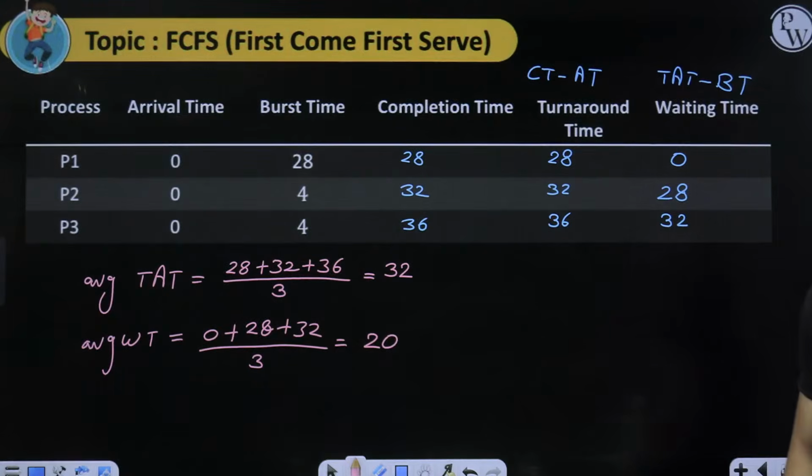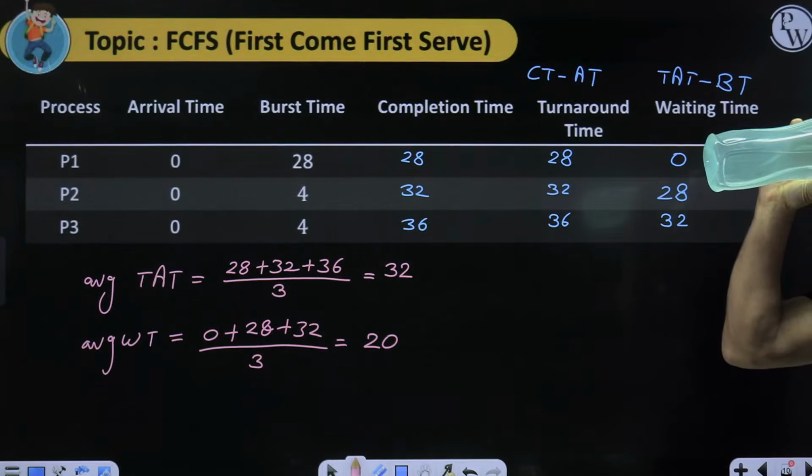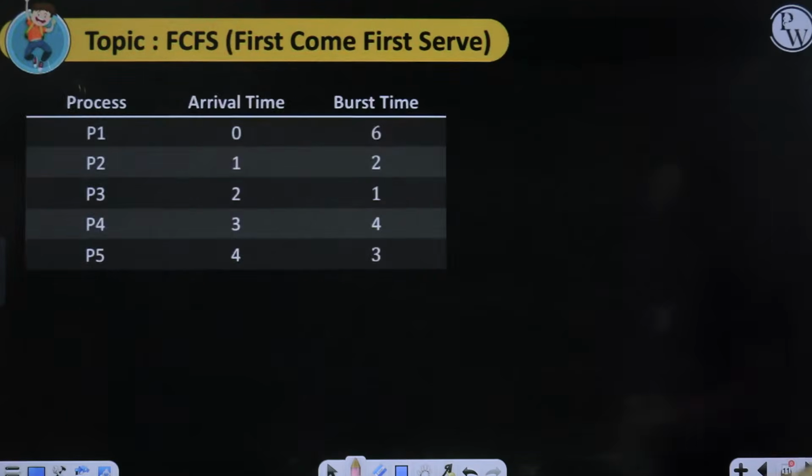So this is how they can ask a variety of questions. Okay, let us solve one more question, FCFS. Here I have given different arrival times. Can you practice this and get me the average waiting time and turnaround time of all the processes?